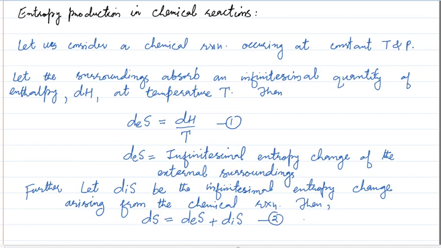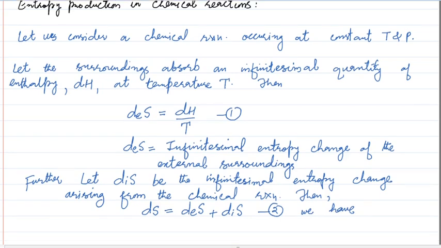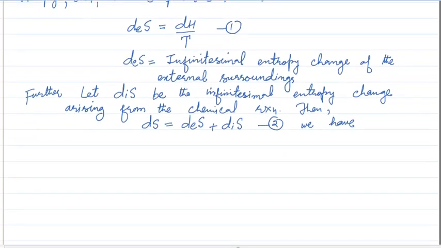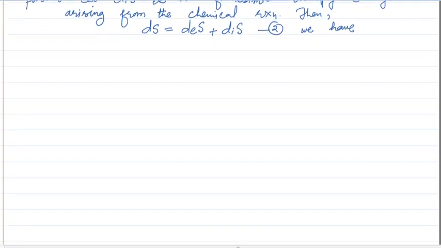So using equation 1, we have dS, the infinitesimal change in entropy, will be simply equal to dH upon T. We will simply replace the dS_E value here, plus dS_I.